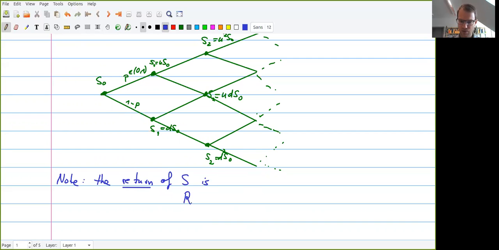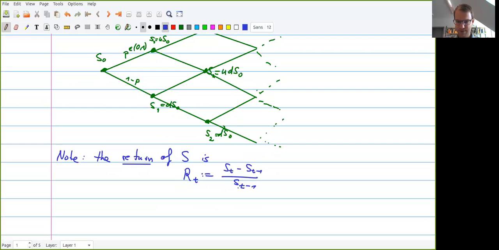This is what you get if you invest in the risky asset over the t-th trading period. And so that's S_t minus the price at time t minus 1, S_{t-1}, normalized to what you need to pay to get it.